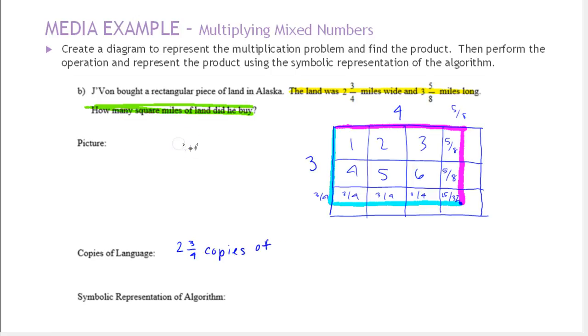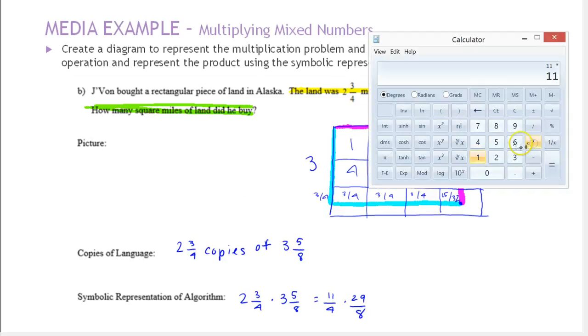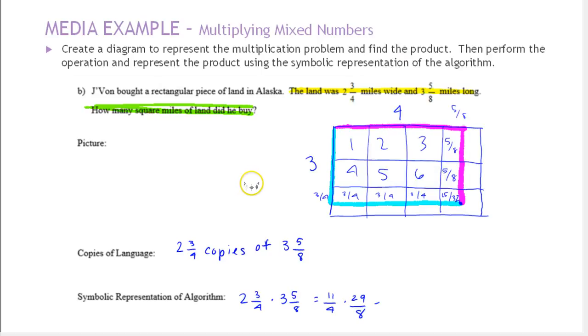But we are finding 2 3/4 copies of 3 5/8. And we're going to rewrite this using mixed numbers, so 11/4 times 29/8. Now 11 times 29 is 319, and the denominator, 4 times 8 is 32.